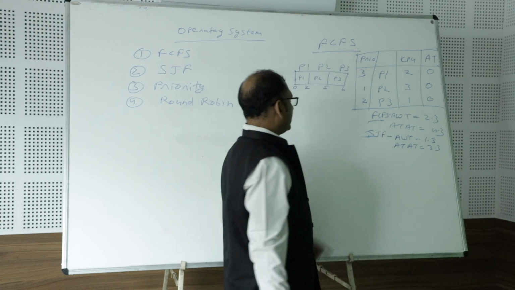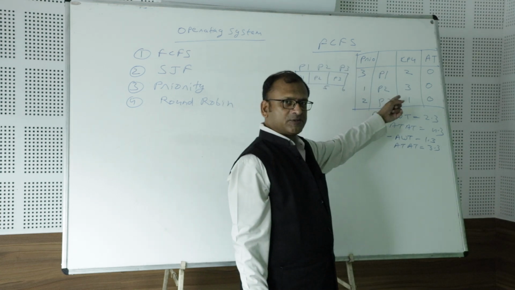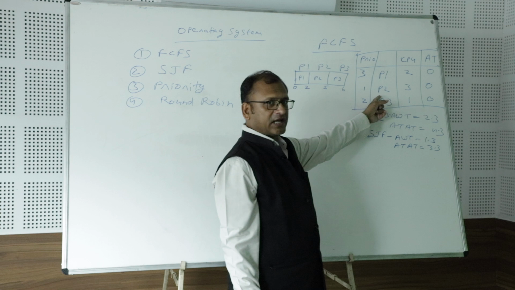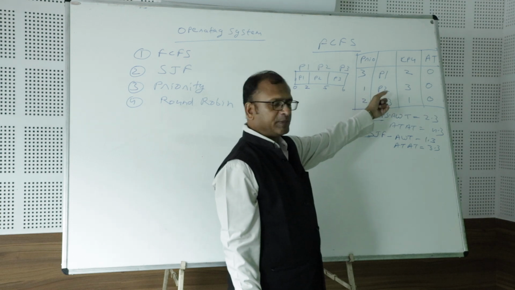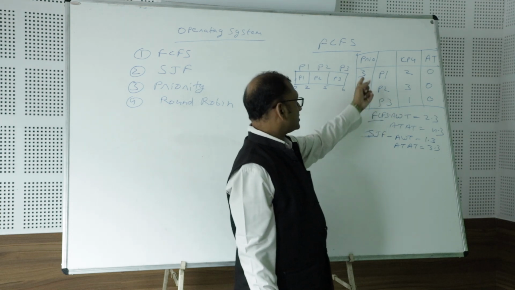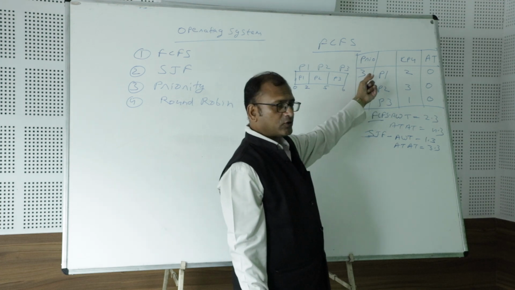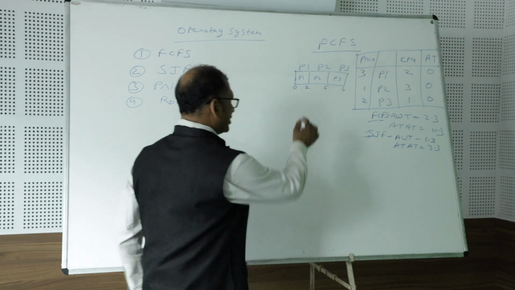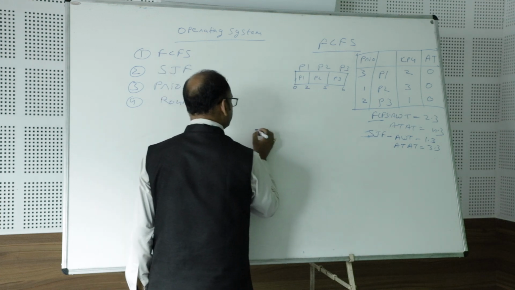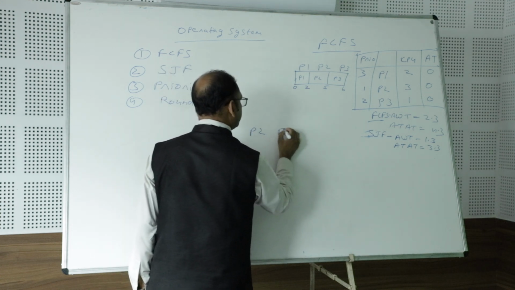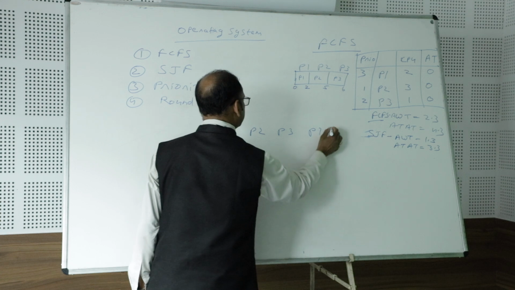Here 1 is given to the process P2. So it means it has got the highest priority. So we have to schedule this process P2 first of all. Next higher priority is of P3, that is 2, and next higher priority is of P1. So we will schedule it like this only. P2, P3 and P1.